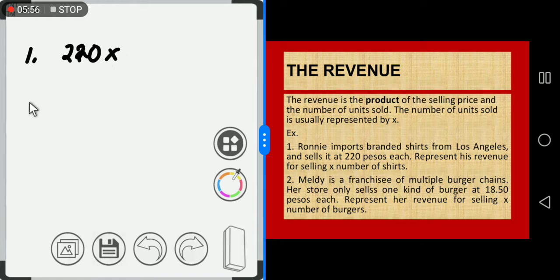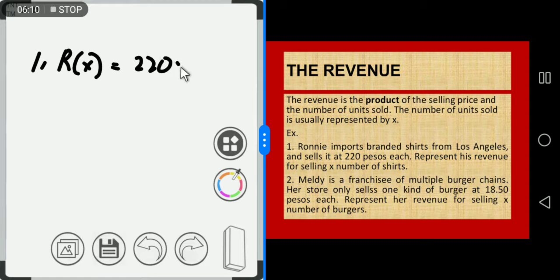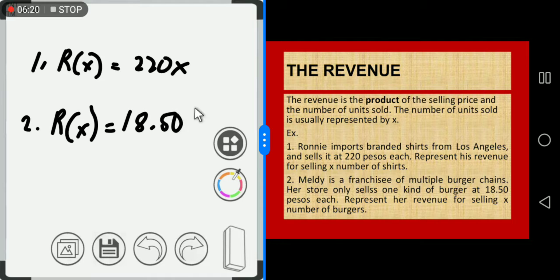So, ibig sabihin for number 2, to represent the revenue function, sorry, dapat pala ito nilagay ko. Yan. So, revenue function ng una is 220x. Then, the revenue function for Melody's Burgers will be 18.5x. Opo, so magkano yung ating burger times kung ilang piraso yung burger. That one will be the revenue function.